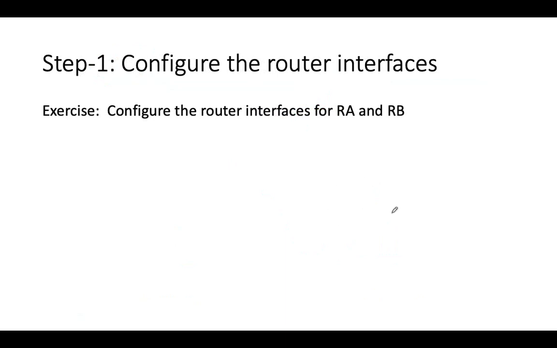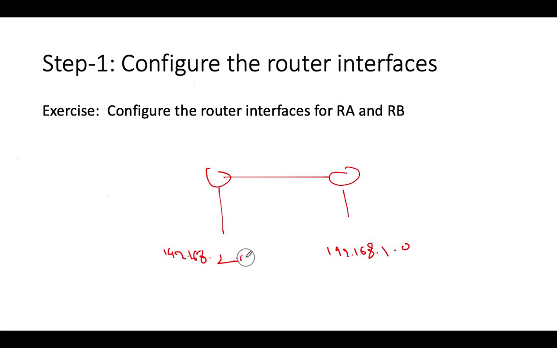This is 192.168.1.0, and this one 192.168.2.0, and this one, for example, 3.3.3.0.